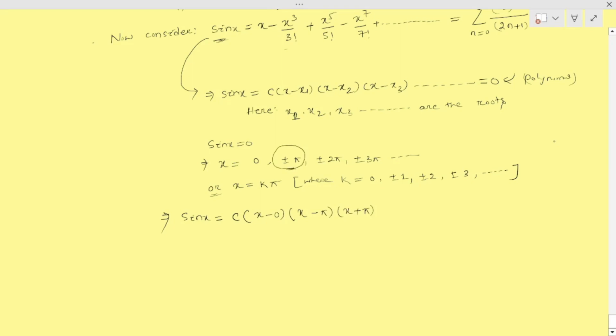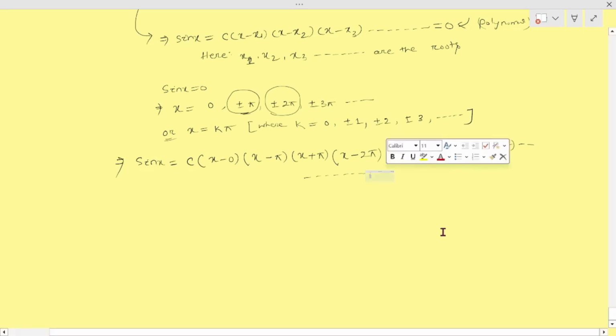If I consider plus pi, then it will be x minus pi. If I consider minus pi, then it will be x plus pi. Then by considering plus or minus 2, we can get again two roots, that means x minus 2 pi into x plus 2 pi, right? Then x minus 3 pi into x plus 3 pi, and so on, right?